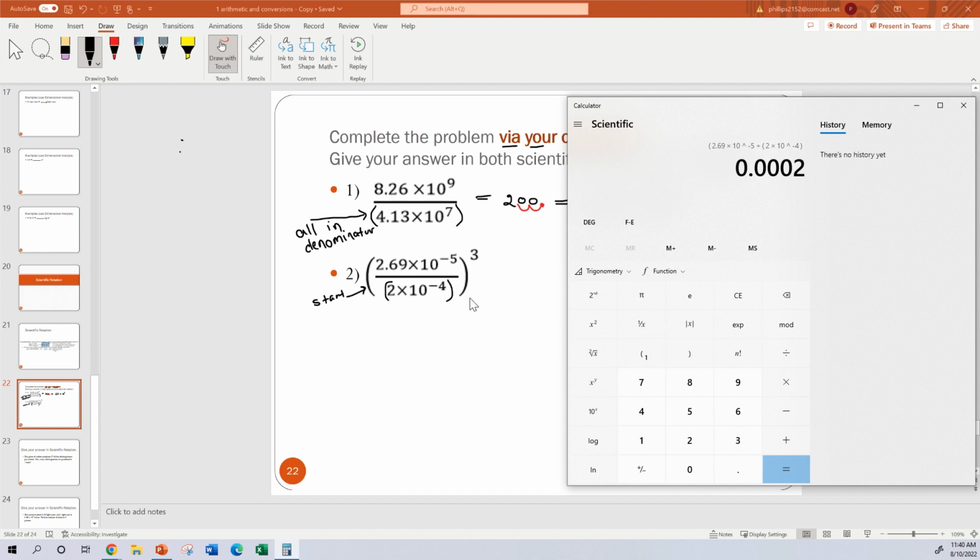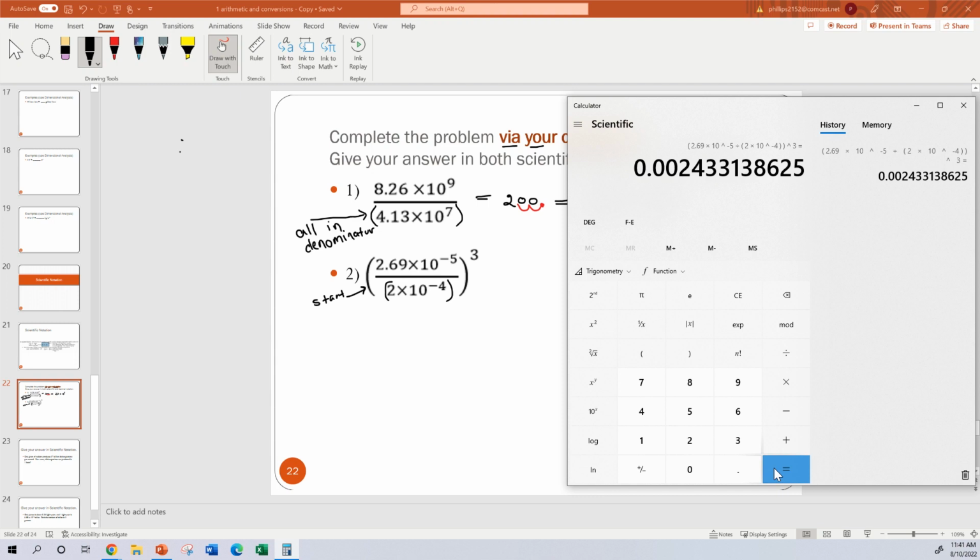I also see that in the actual problem, there's a parenthesis before I go to the exponent, so I end my other parenthesis. Now I'm seeing the value of the fraction. But the problem asks me to raise this to the third power. So I use my caret key, my x to the y key, the third power, and I hit equals, and it gives me my answer.